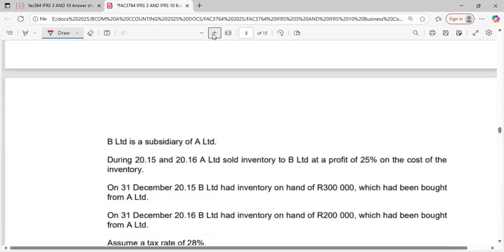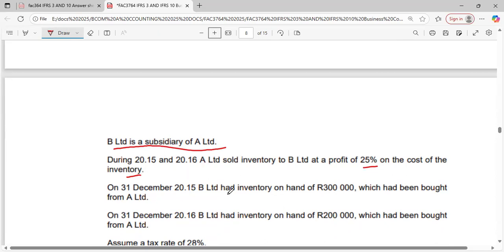They say B Limited is a subsidiary of A Limited. Every time you are doing your consolidation, you must quickly be able to see who is the subsidiary. So here, B Limited is a subsidiary of A Limited. During 2015 and 2016, A Limited sold inventory to B Limited at a profit of 25% on the cost of the inventory.